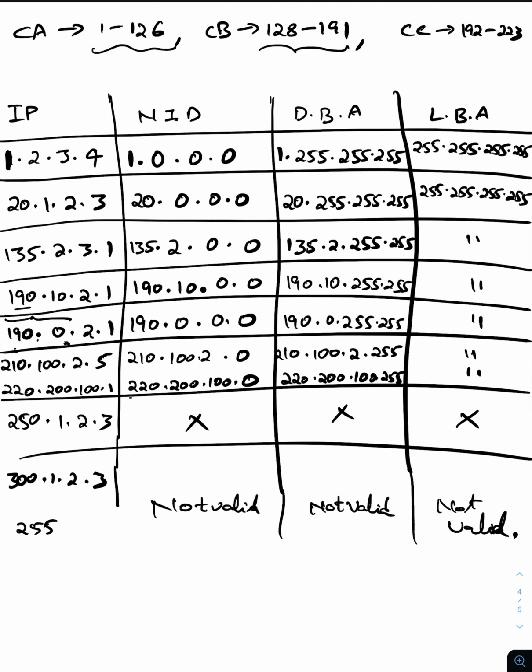I hope it's clear on casting, unicast, broadcast, limited broadcasting, and direct broadcasting, and how a network ID and host ID represent a network, a limited broadcast, and a direct broadcast. And in the next class, we'll start with subnetting.